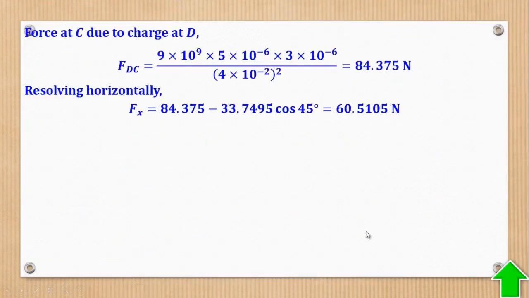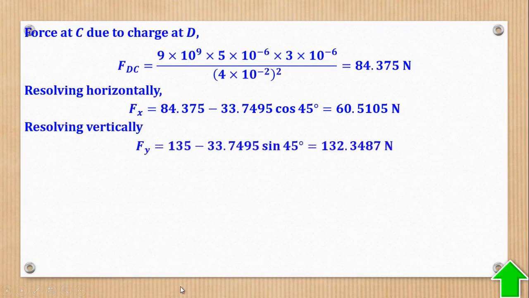Therefore, I shall come here and write that resolving vertically, I'll come up with that, and I'll call it Fy. Now here we take horizontally, we take forces to the left as positive and forces to the right as negative. That is why there is this minus. Then vertically, we take forces upwards as positive and forces downwards as negative.